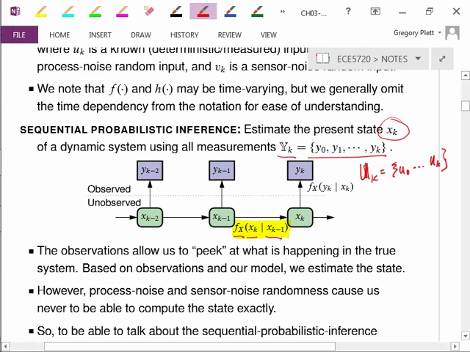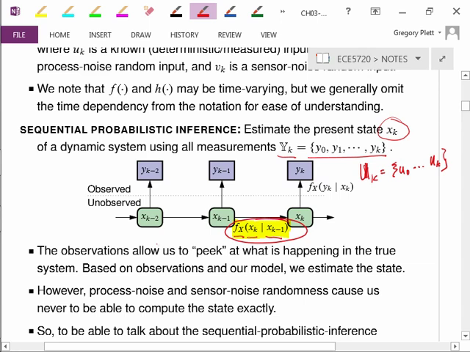So the uncertainty here is the process noise uncertainty of w at time k minus 1 that is causing this to happen, and how w impacts the system to make x at time k from x at k minus 1 and wk minus 1. So we need to describe the uncertainty of the process noise and the impact that has on propagating the state over one time interval.